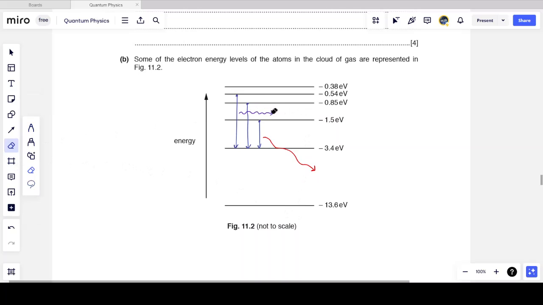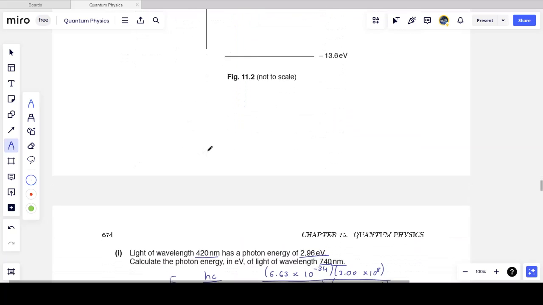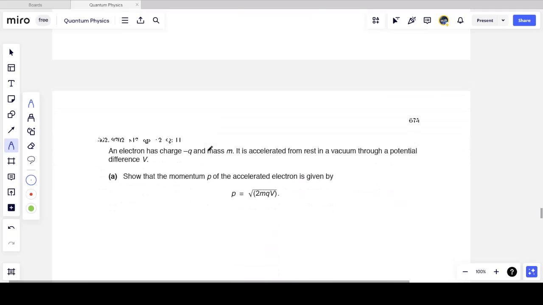And so that's how the colors in the line spectrum, or in the absorption spectrum in this case, relate to energy levels in atoms. So a little crash course there.